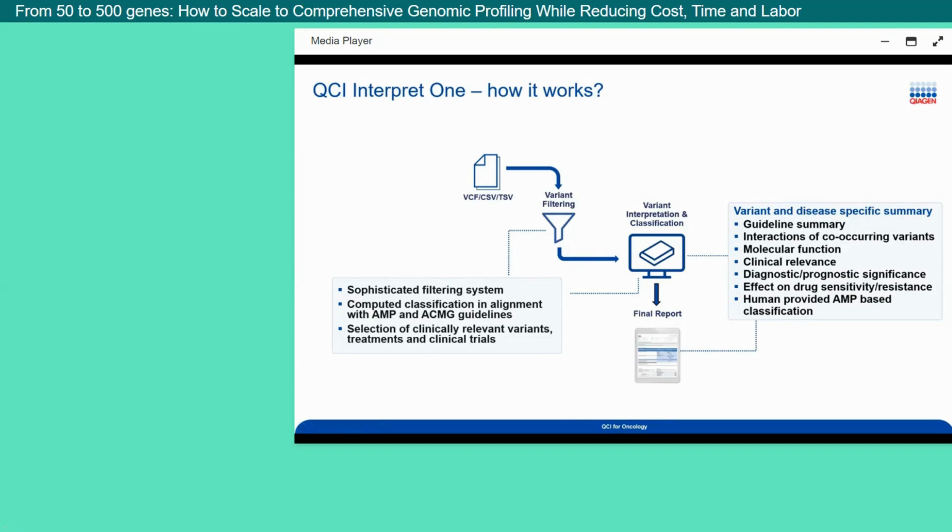In addition, our experts provide you with a second opinion on the variant classification to increase the confidence in the accuracy of your classification. The QCI platform provides the flexibility for customization of the workflow, as well as of your final report.